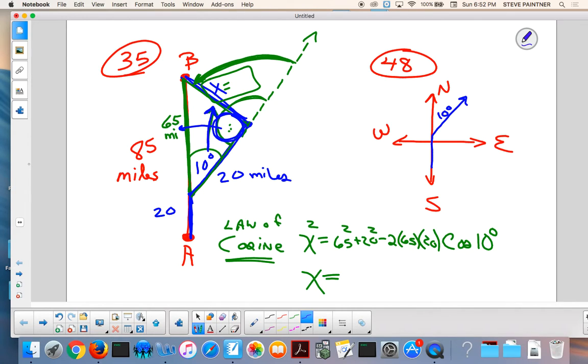And once I get this answer, then I can take 180 minus whatever this is. I don't know. That's you trying to figure that out. And then whatever this is, 180 minus this, is going to be how far left you have to turn your plane. Okay?